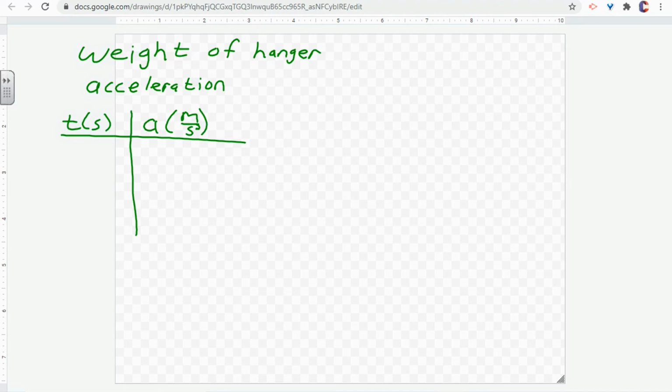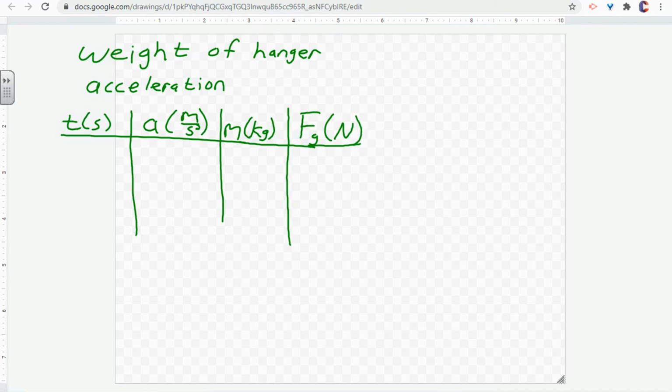And you're going to have masses of the hanger that you're going to convert to kilograms, and then you're going to multiply by 9.8 for each of those masses, and you're going to find the force of gravity on that hanger, or the weight of that hanger.